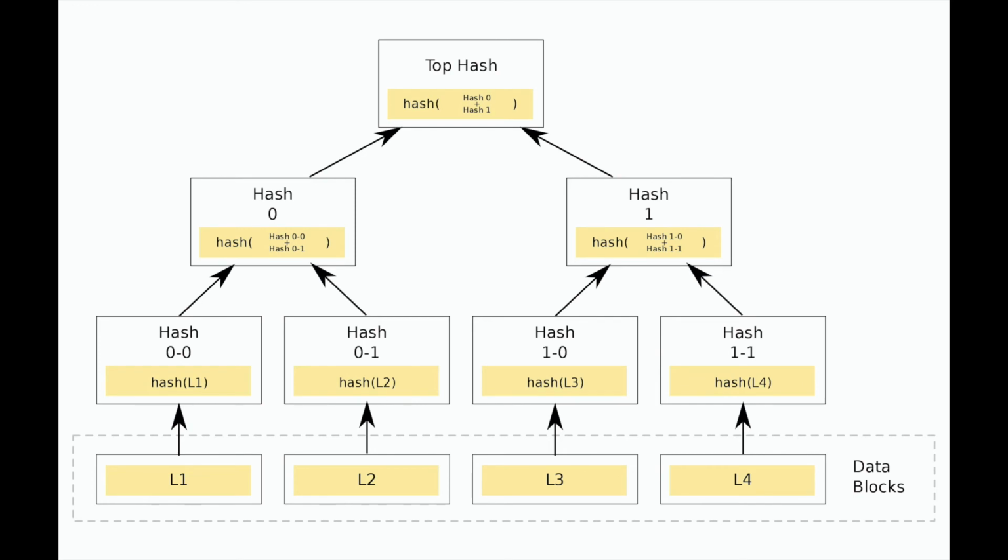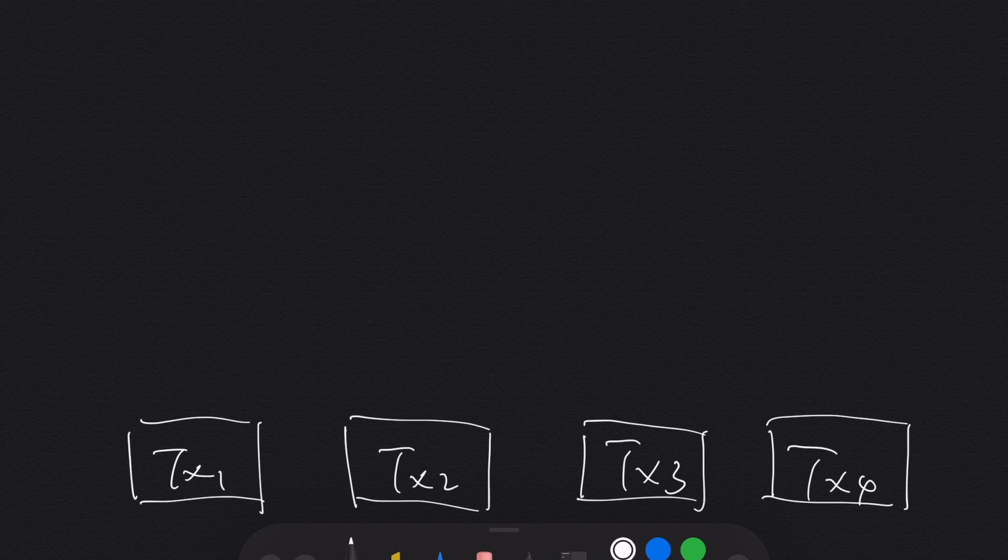A Merkle tree is a tree where every leaf node is labeled with the hash of a data block, and every non-leaf node is labeled with the cryptographic hash of the labels of its children. Here we have, for example, transaction 1, transaction 2, transaction 3, and 4. Those are transactions holding a big chunk of data like inputs and outputs, and we calculate a hash value for each transaction.